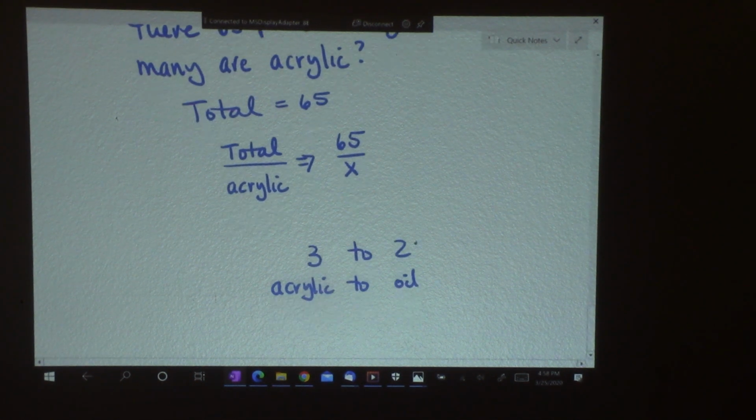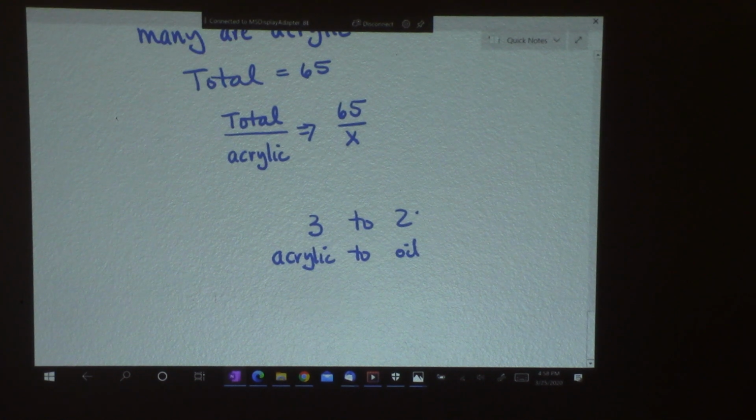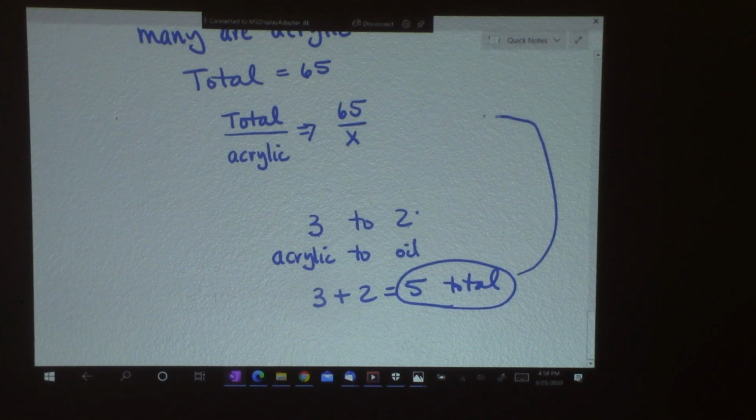Well, if I have 3 and 2, what's the total? 3 plus 2 is 5. So that is the total number in this ratio. For every 3 acrylic, there are 2 oil. All of them together would be 3 plus 2, which is 5. Now let's use that up here in my ratio. So then I have total is going to be 5. That goes on top. And my ratio tells me here that for acrylic, I have 3.